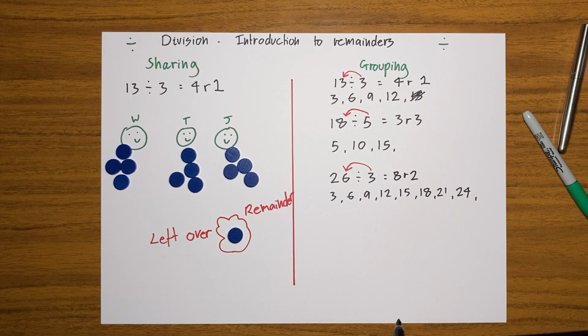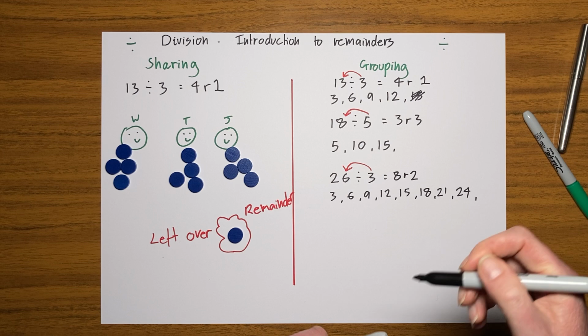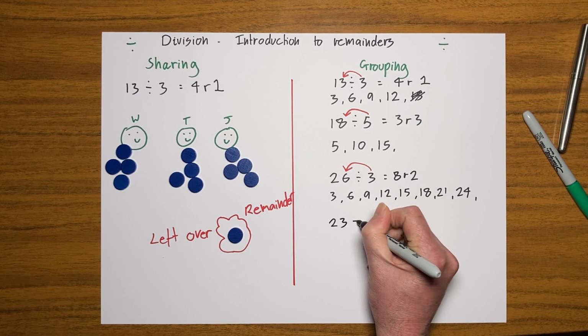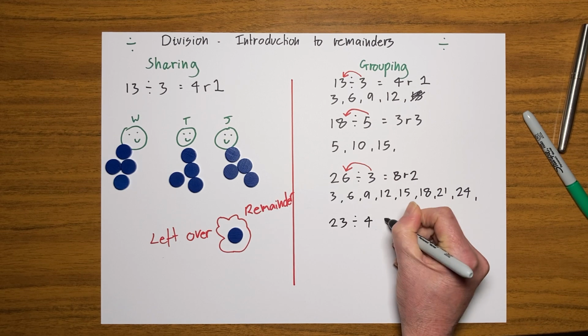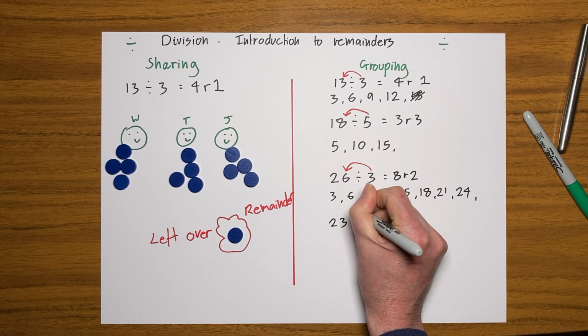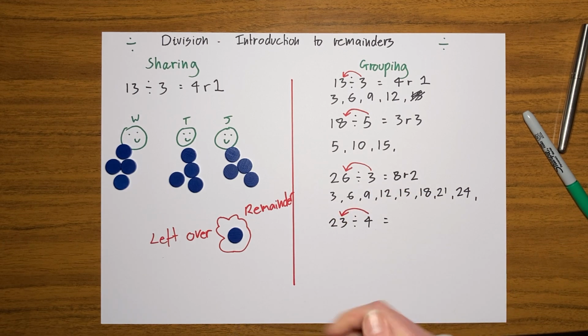Should we do one more for luck, just so you can see? Let's do the 4 times table. So let's go for 23 divided by 4. So I'm going to say, how many 4s are there in 23? How many groups of 4?